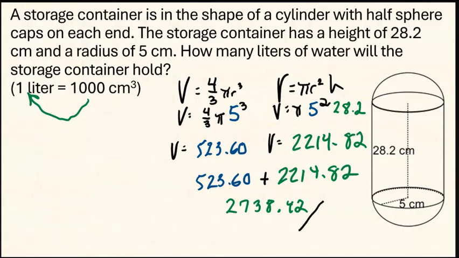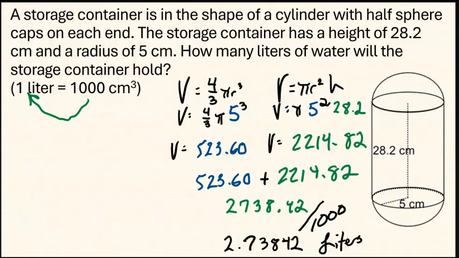So I'm going to divide by 1,000, essentially taking my decimal point and moving it 3 places to the left. So this is going to be 2.73842 liters, or as some people would say in human terms, 2.7 liters.